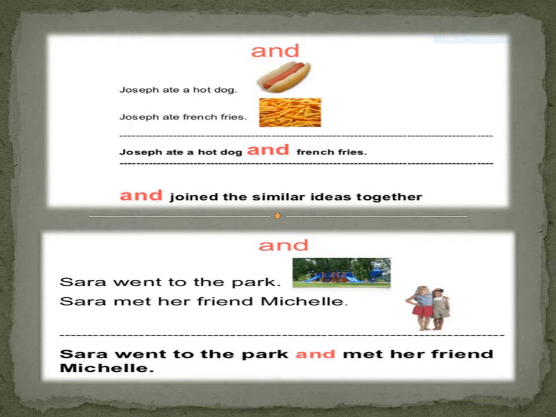Sarah went to the park. Sarah met her friend Michelle. We use and to show continuation. For example, Sarah went to the park and then she met her friend Michelle.